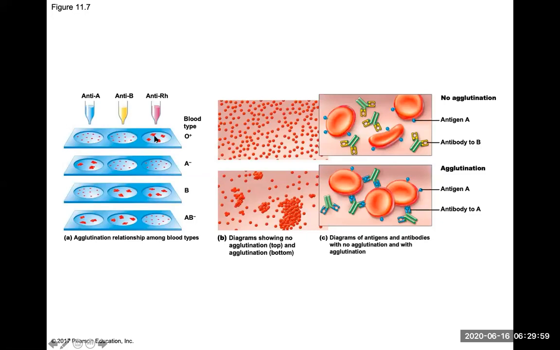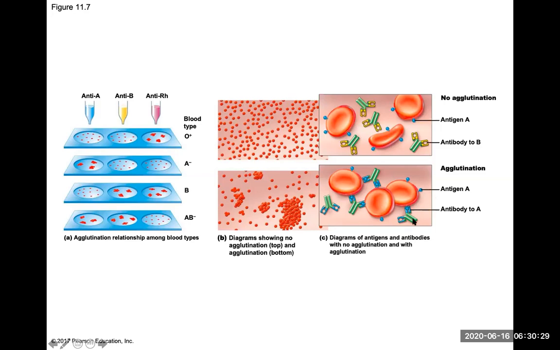So we can look for agglutination to determine blood type by taking little drops of blood in each well and adding antibodies to the drops of blood. Whichever one causes agglutination means that is the blood type that you're getting. So no agglutination means this would be antigen A, and there's an antibody B, so it wouldn't clump onto it.